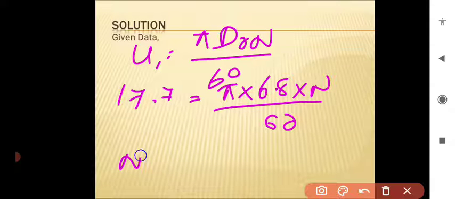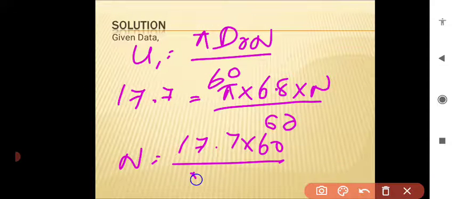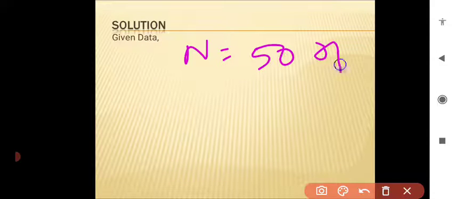So n is equal to 17.7 into 60 by pi into 6.8. You will get the n value here. If you calculate that, n is equal to 50 rpm. This is the solution for the given problem.